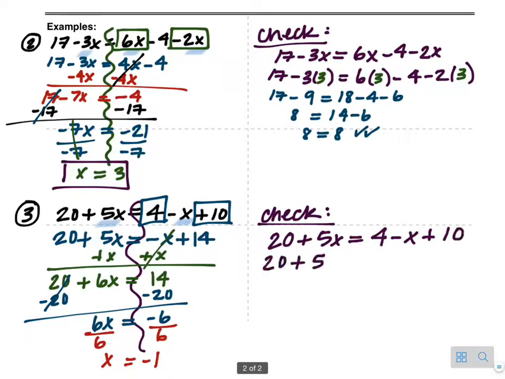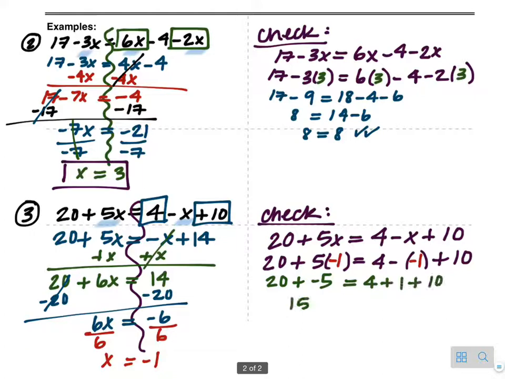So we're going to rewrite the original equation of 20 plus 5x equals 4 minus x plus 10. And I have 20 plus 5x, where x is now negative 1, equals 4 minus negative 1 plus 10. So everywhere I had x, I'm going to plug in that negative 1.